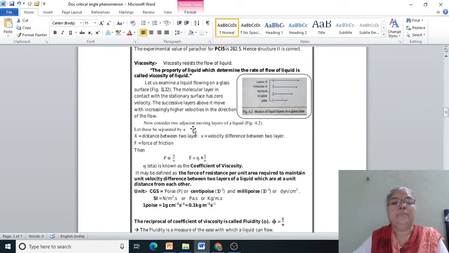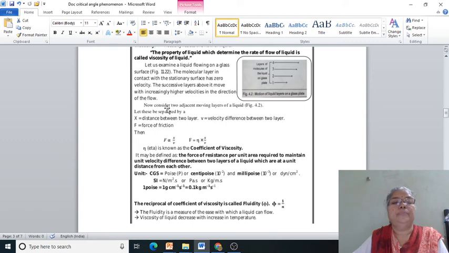Consider any two adjacent moving liquid molecular layers, and let them be separated by a distance x, and if v is their velocity, that means the rate of flow of the two liquids, and f, suppose it is the force of friction, then the force of friction is directly proportional to the distance between the two liquid layers and inversely proportional to the velocity difference.